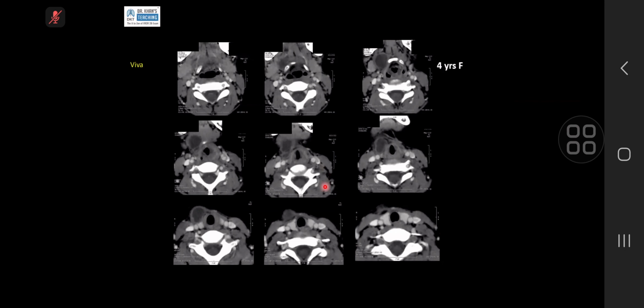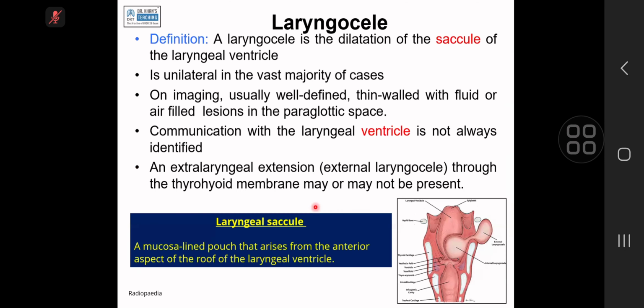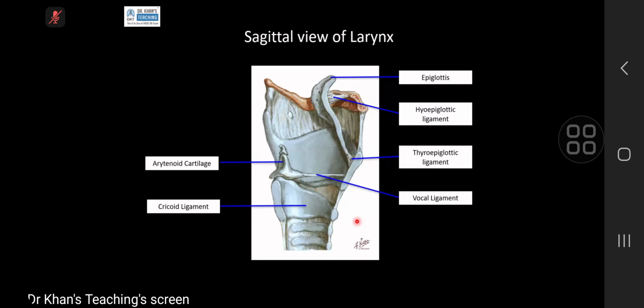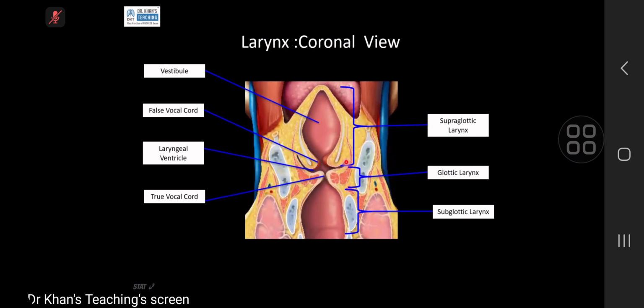It is a mucosal-lined pouch that arises from the anterior aspect of the roof of the laryngeal ventricle. And so that pouch in the ventricle will dilate because of air or because of fluid.